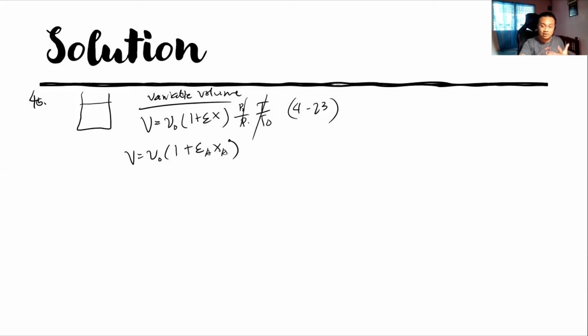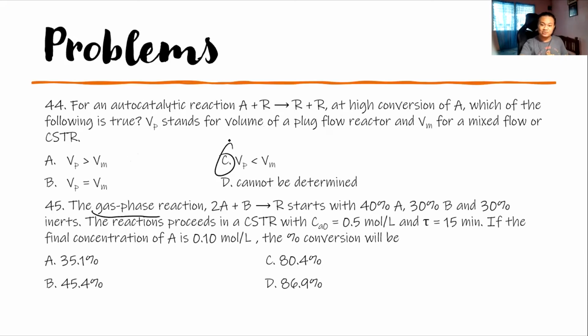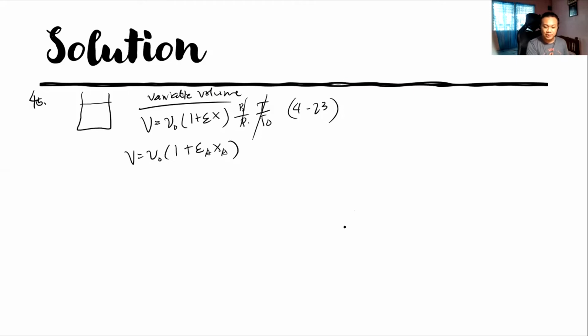And we are also given the hint of the limiting reactant because you're given this CA0. So we are to use the CA0.